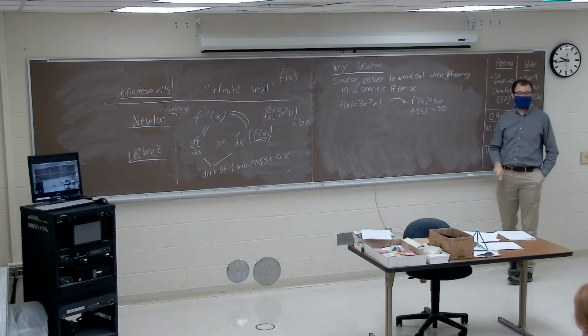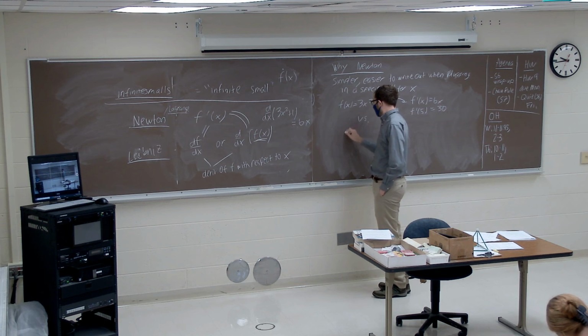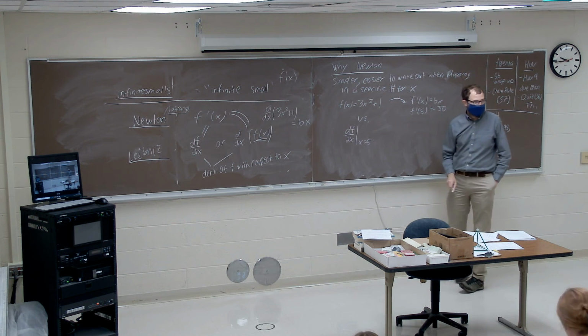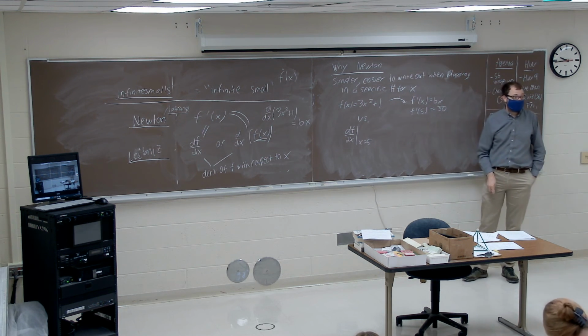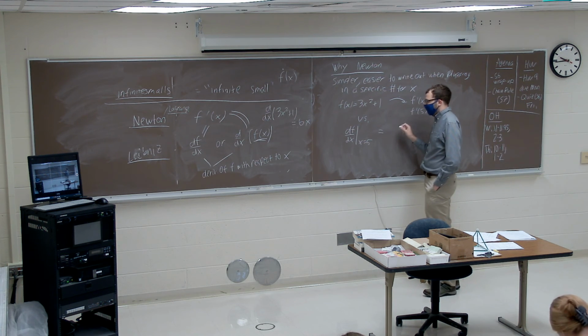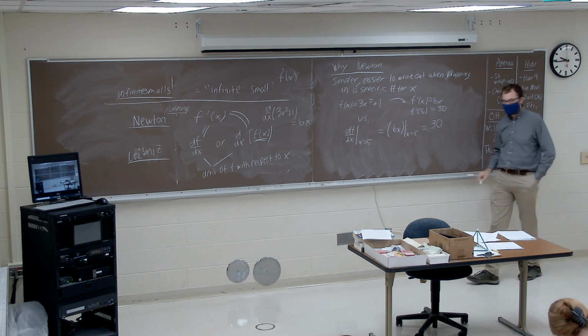We don't have to worry about writing out something like df dx at x equals 5. That's how you would write that out using Leibniz's notation, which is equal to the expression 6x at x equals 5, which comes out to 30.